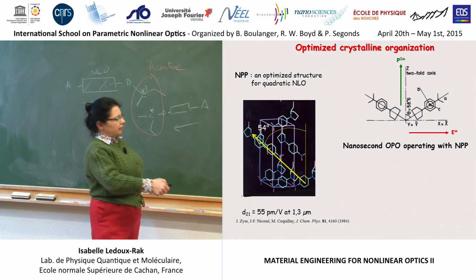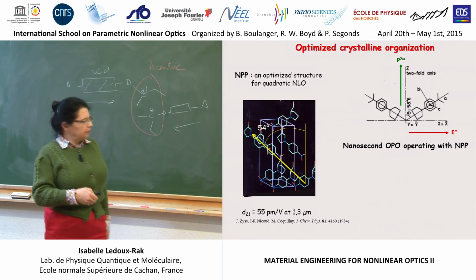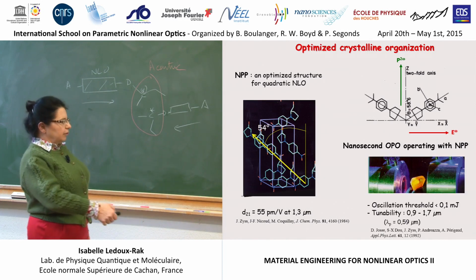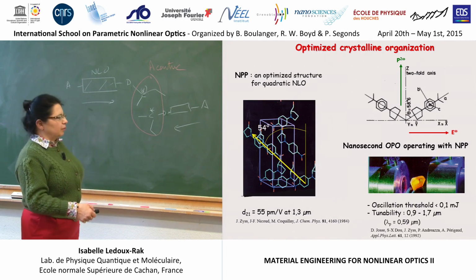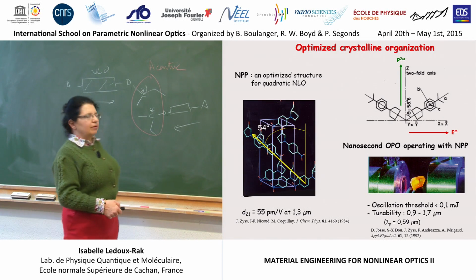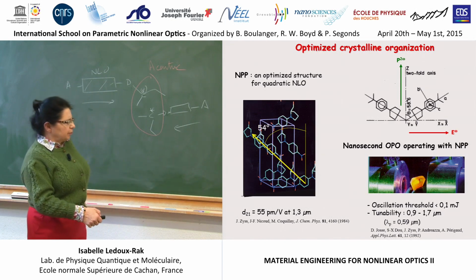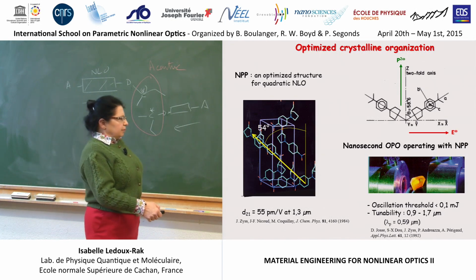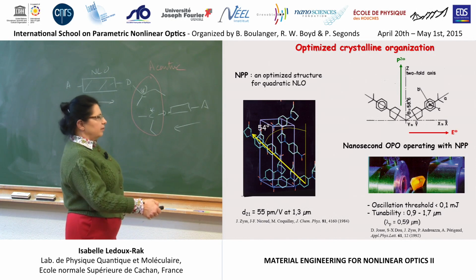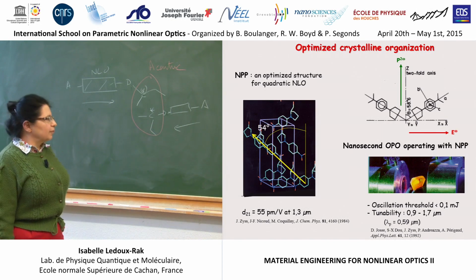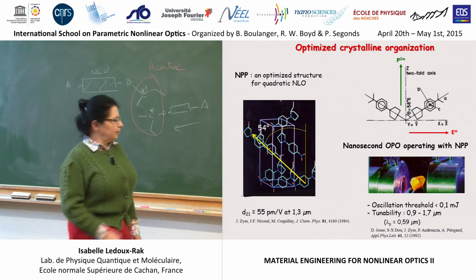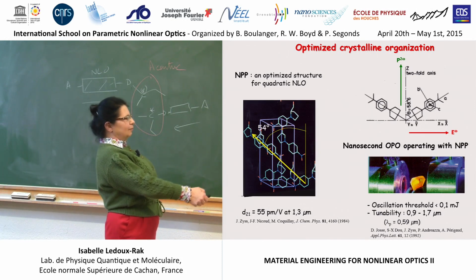fabricate nanosecond optical parametric oscillators with NPP, with low oscillation threshold and relatively wide tunability. So this is the crystal, and it's pumped at 590 nanometers, and it is relatively successful work. It was not further developed for a stupid reason, but unfortunately difficult to overcome.